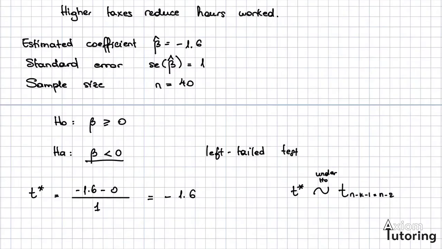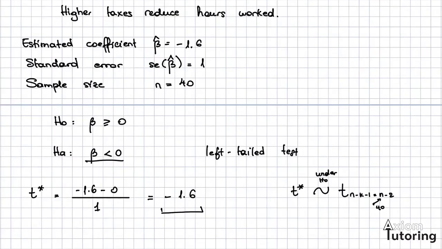We'll just say this is n minus 2, where the n is the 40. Okay, so at this stage, where we have the t-star in here, we're saying that the estimate lies 1.6 standard deviations below 0. So we're just looking at a distance, but in the negative direction.